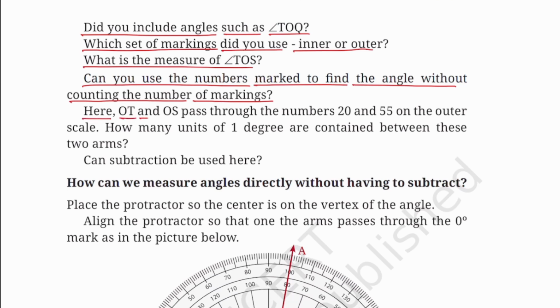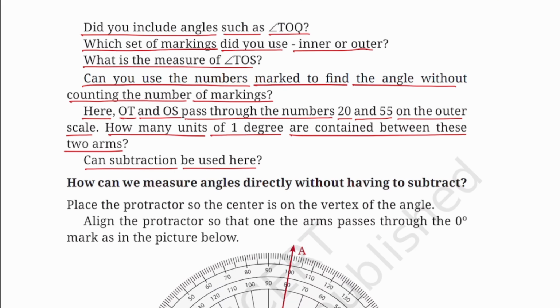Here, OT and OS pass through the numbers 20 and 55 on the outer scale. How many units of 1 degree are contained between these two arms? Can subtraction be used here?